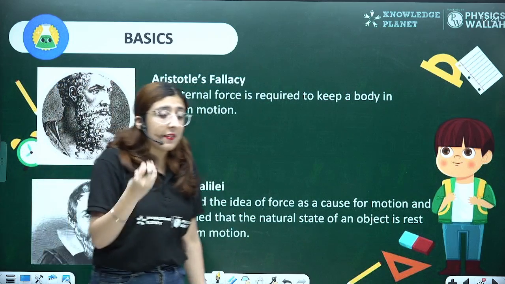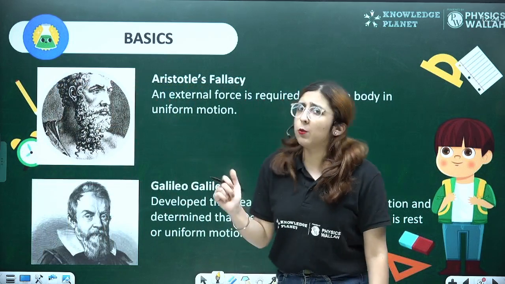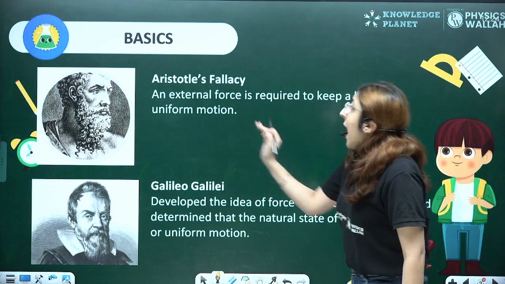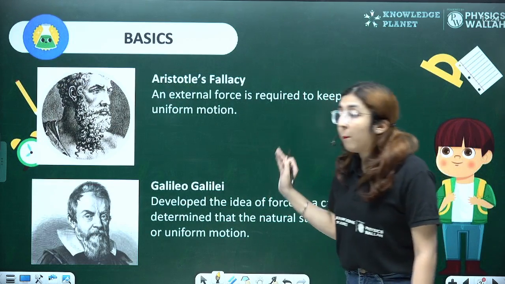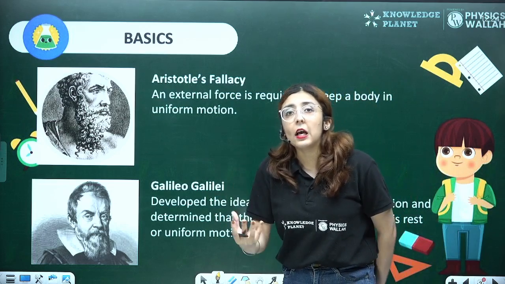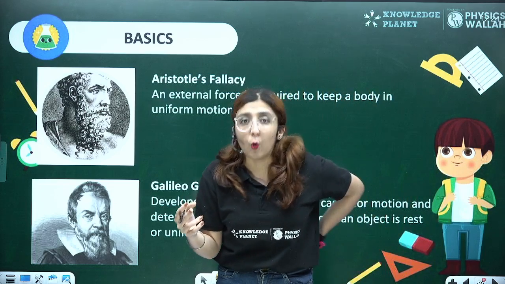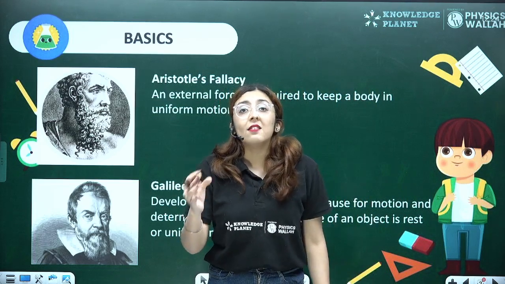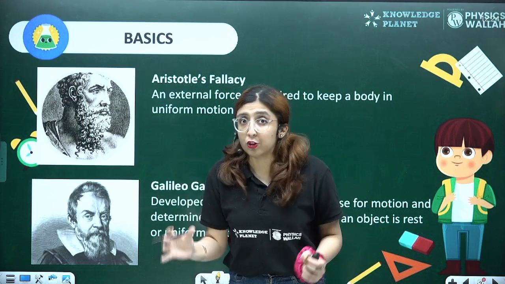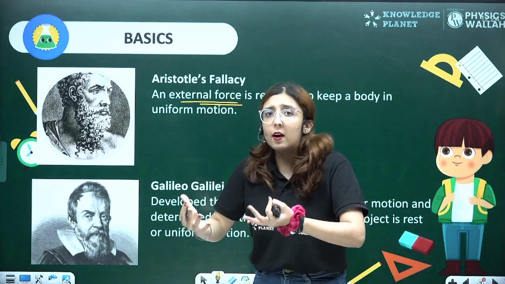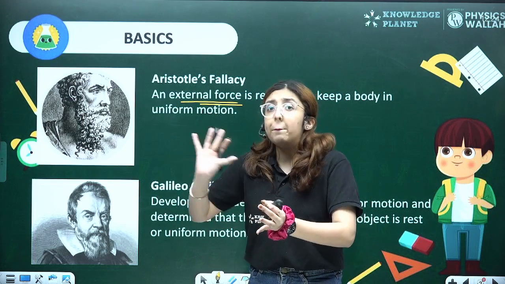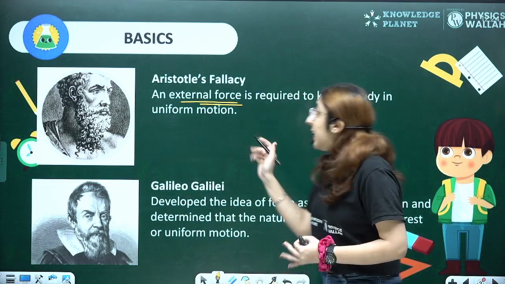Because whatever statement he stated was not true. So, have a look. An external force is required to keep a body in uniform motion. He stated that we require some external force so that the body remains in uniform motion. Externally, we need to act a force on a body so that it is in uniform motion.